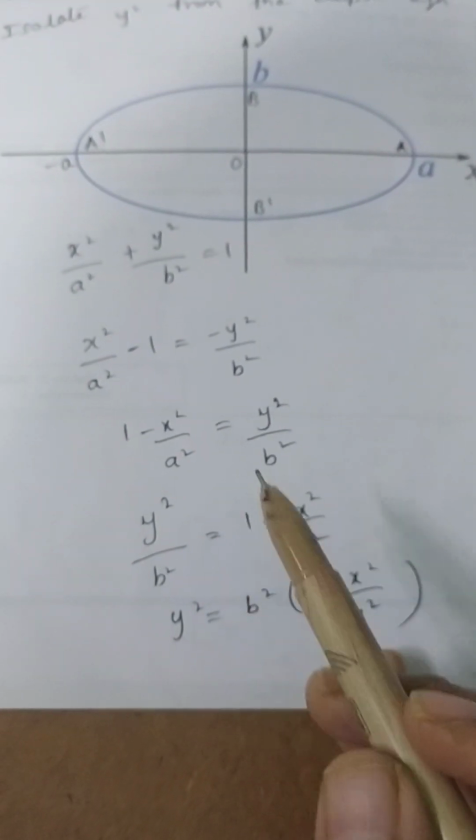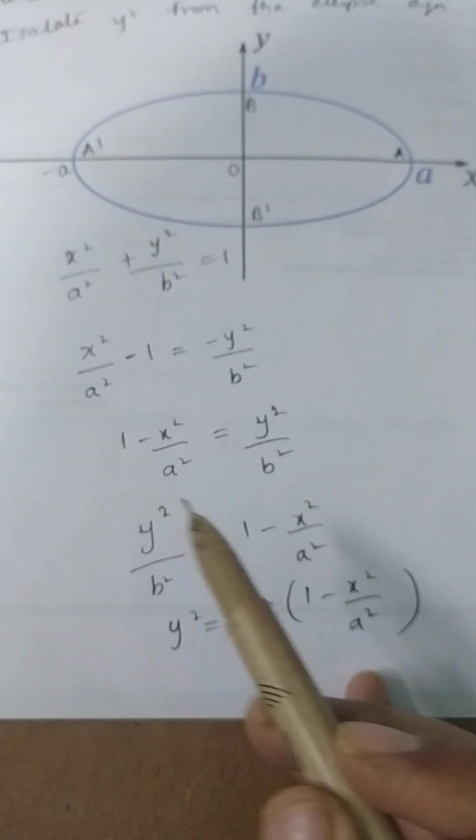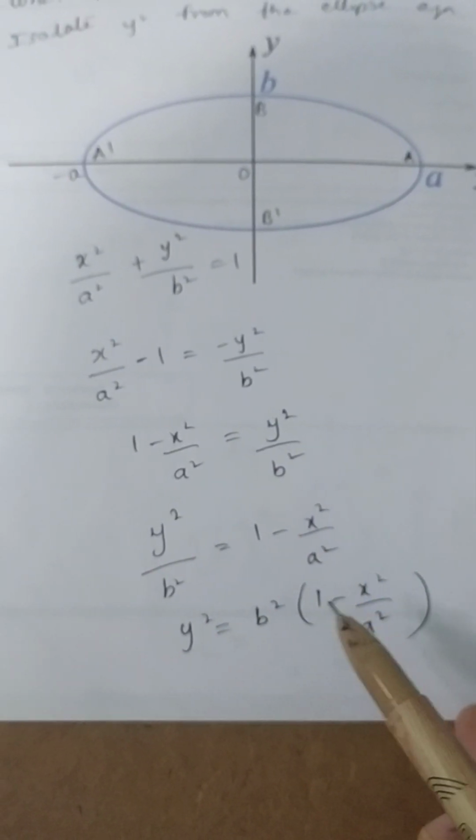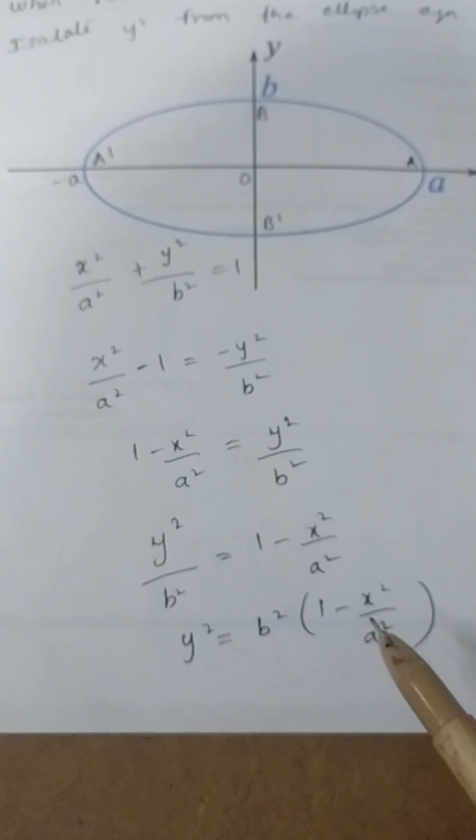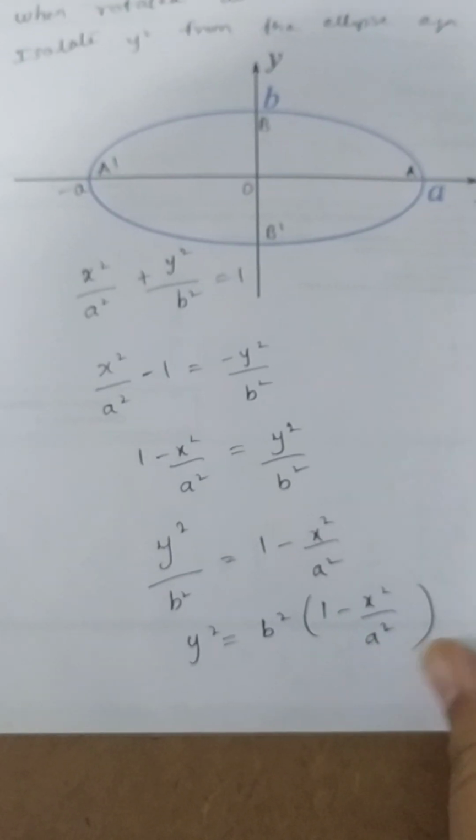So y square by b square is equal to 1 minus x square by a square, and y square is equal to b square into 1 minus x square by a square.